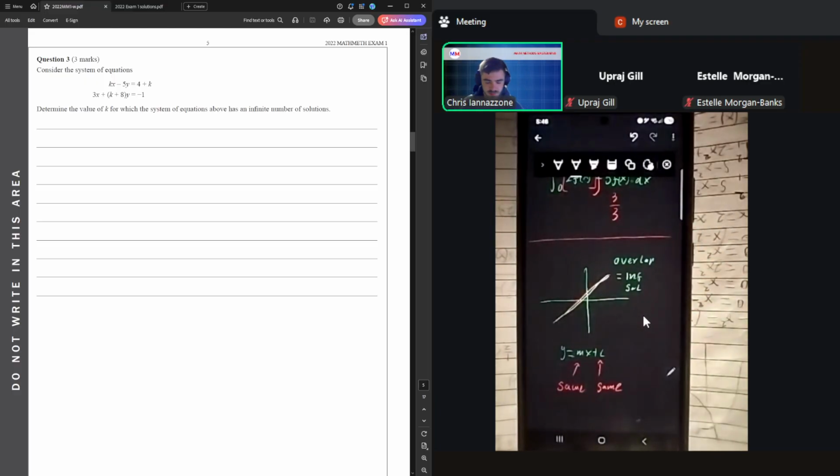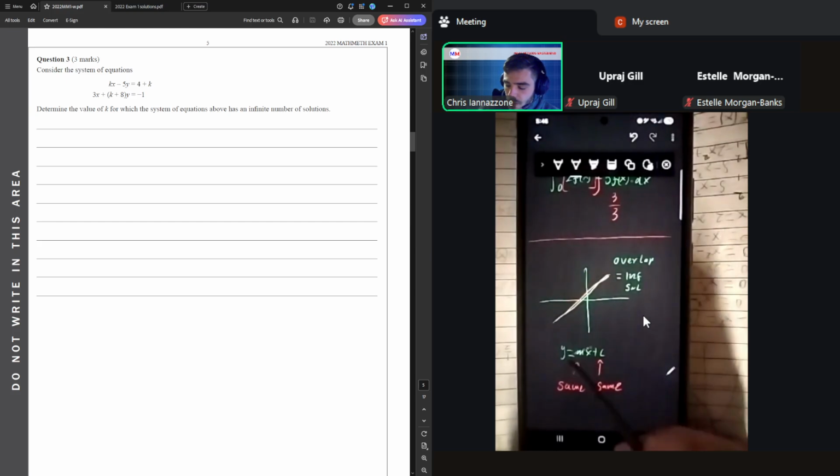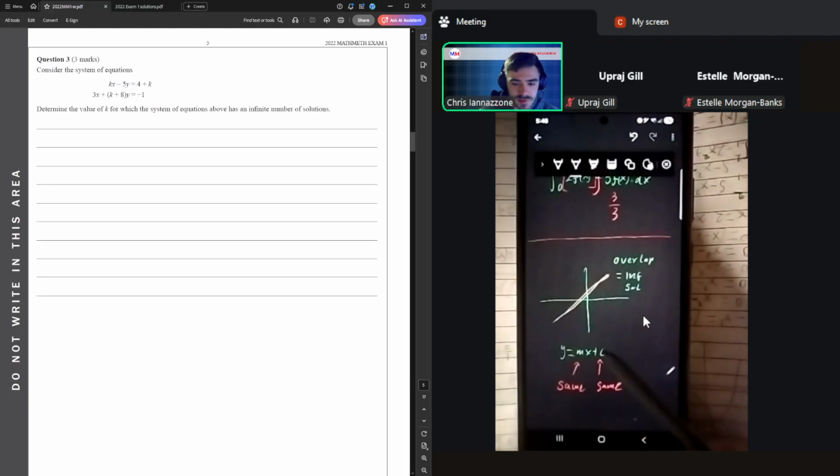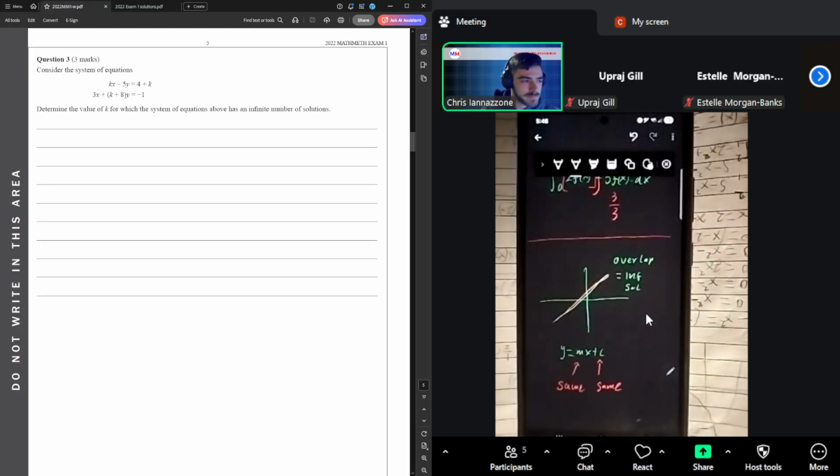The way I typically teach it is to get both of them in terms of y equals mx plus c, and then make sure the gradients are the same and the y-intercepts are the same, because when you have that, you have two identical equations. Infinite solutions means your two lines are perfectly overlapping.